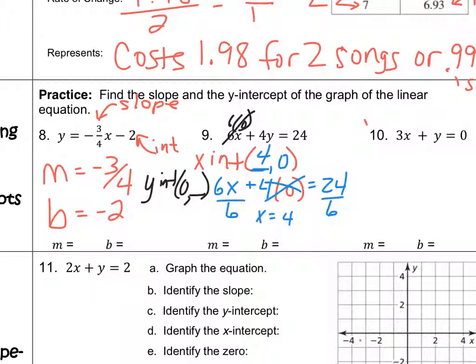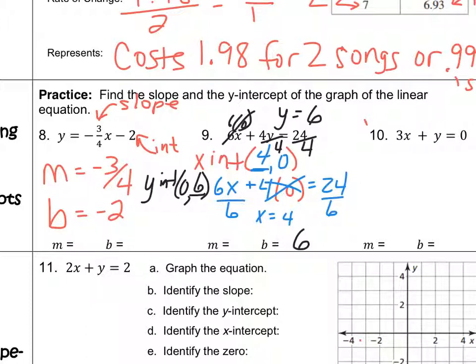So what I'm really left with is 4y equals 24. And if I divide both sides by 4, I get y equals 6. Okay, so my y-intercept is (0, 6). So I already know what the b is. The b is 6.